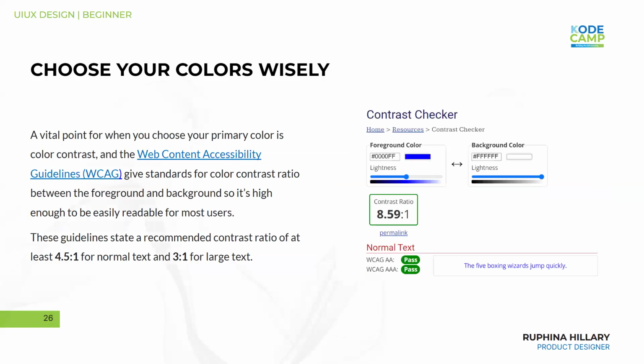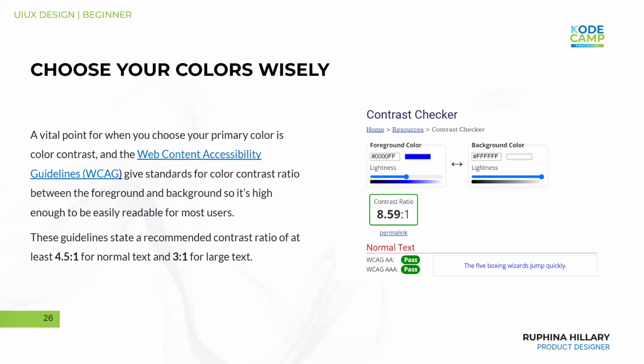Right? So a vital point for when you choose your primary color is color contrast. The Web Content Accessibility Guidelines give standards for color contrast ratio between the foreground and the background so that it is high enough to be easily readable for most users. So this contrast checker just simply tells you if the color you're using is okay, especially when you're using more than one color.